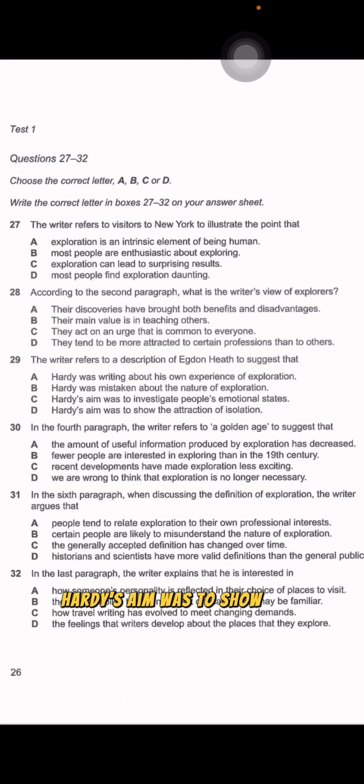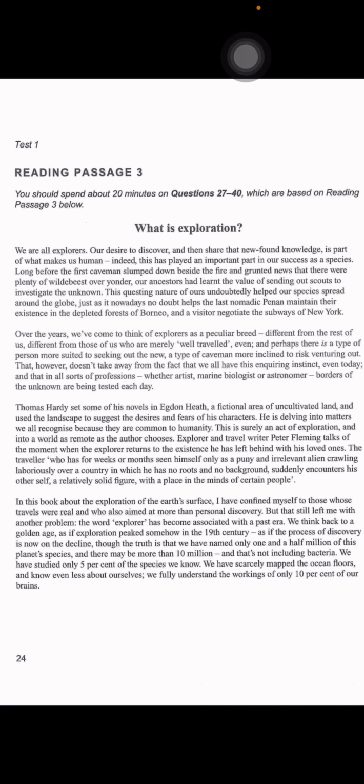Hardy's aim was to show the attraction of isolation. Let's check. Does he say anything about the nature of isolation? Explorer and travel writer Peter Fleming talks of the moment when the explorer returns to the existence he has left behind with his loved ones. The traveler who has for weeks, months seen himself as a puny and irrelevant alien crawling laboriously over a country.